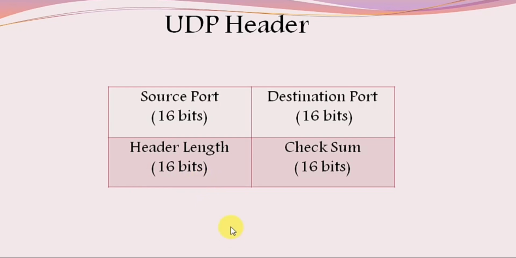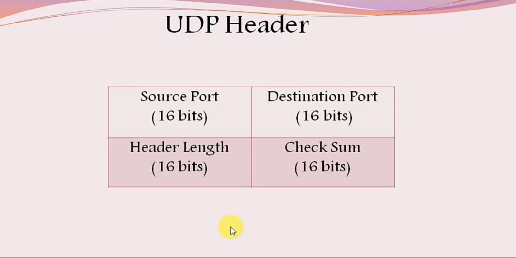Since the UDP header information is of size 8 bytes and the data, which we technically call payload, the size of header is 8 bytes, so the payload or data size should be 65527 bytes. Therefore, totally the length will be equal to 65535. So in this way, the header length is fixed, but the data size will vary.